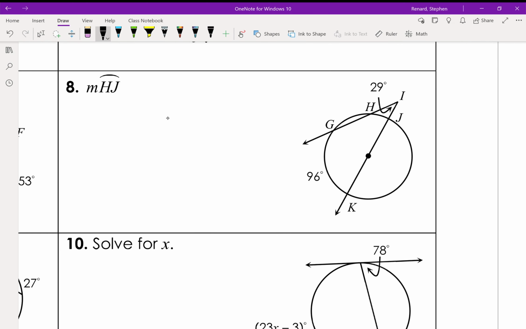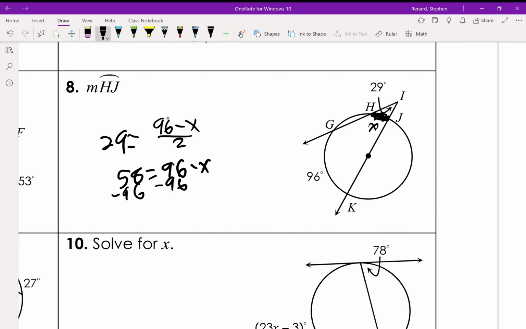Here, we know that that angle is 29, and we're looking for this arc right here, H to J. Well, the measure of the angle is going to be 96 minus X, we'll call this X right here, divided by 2. We know the measure of the angle is 29, so we multiply both sides by 2. 58 equals 96 minus X. Subtract 96 from both sides.